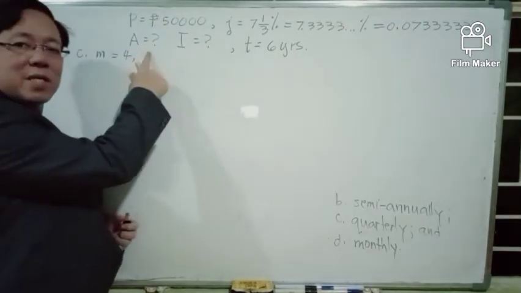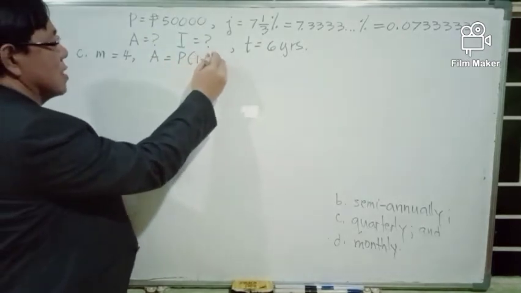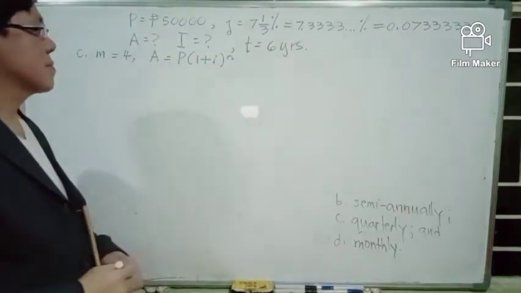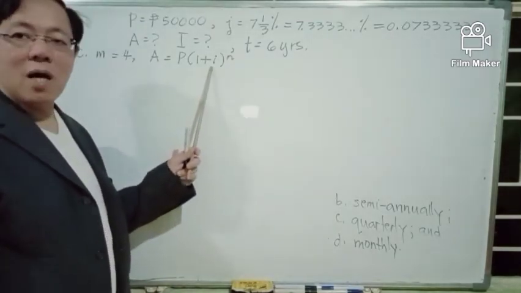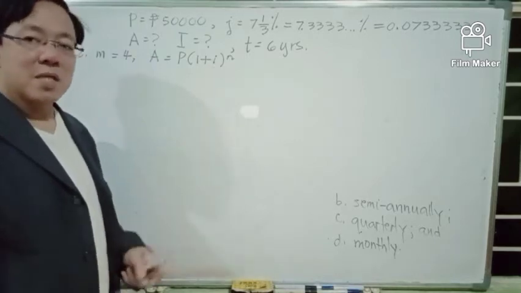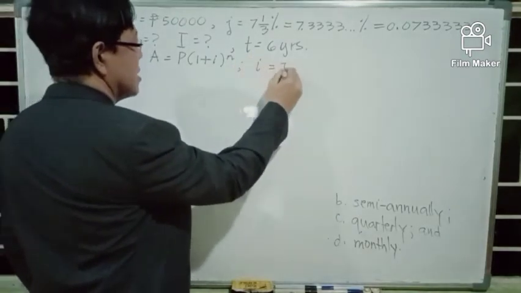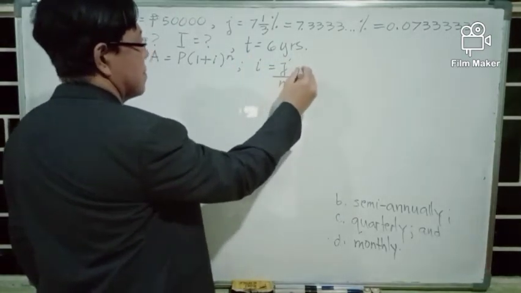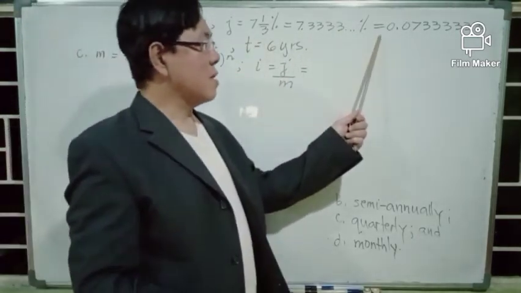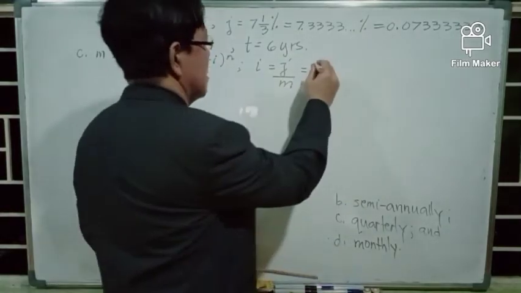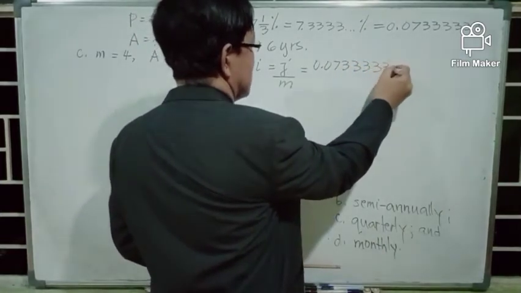We compute the accumulated value using the formula A equals P times 1 plus I to the power N. But the value of M changes, hence the value of small I, the interest rate per period, per 3 months, will change. And I is given by J divided by M. The interest rate is the same, 7 and 1/3%. In decimal, it's 0.07333, where 3 is repeated without end.